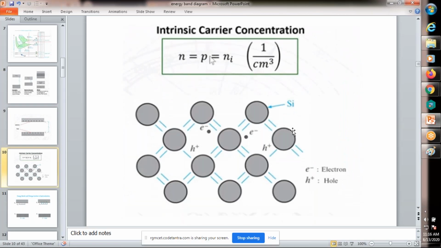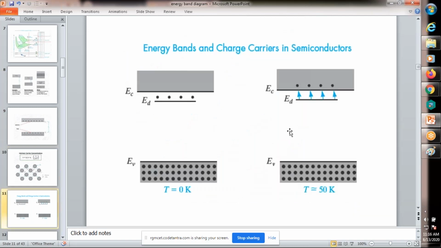And this is the intrinsic concentration. We already know the number of electrons is equal to the number of holes. Now these are the energy bands. Now how to improve the conductivity in a semiconductor material? One way is doping. We already discussed doping. Here this is for the n-type semiconductor.